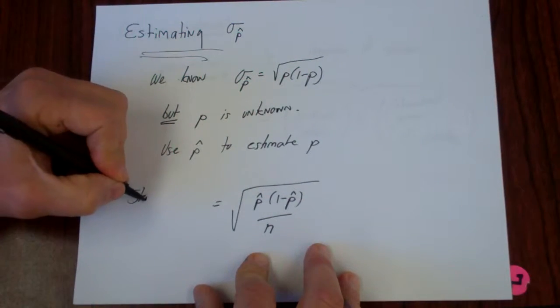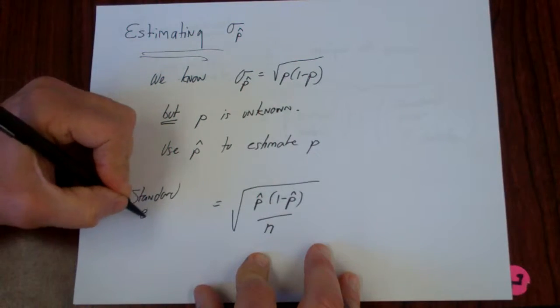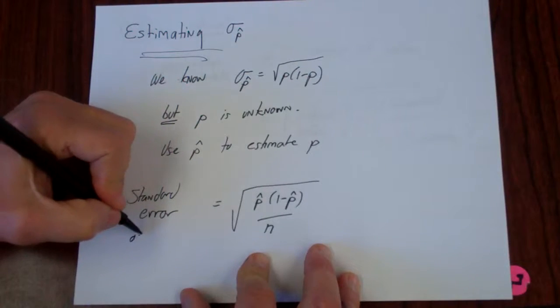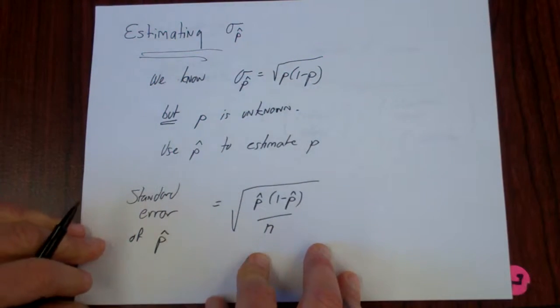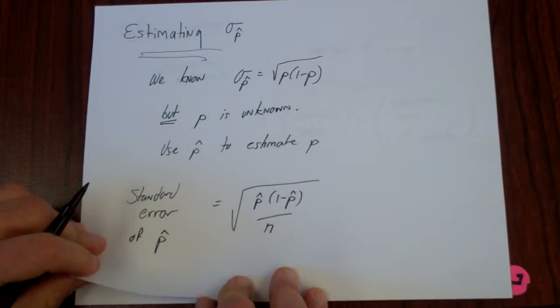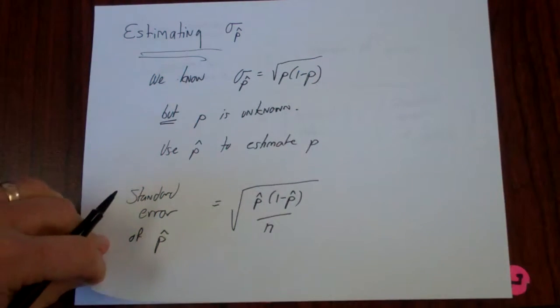And that's called the standard error of p hat. Though we're talking about p hats now, this concept of standard error is going to be used in all of our problems.